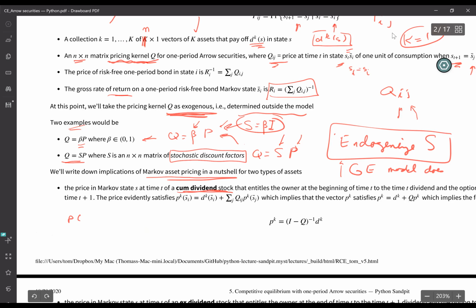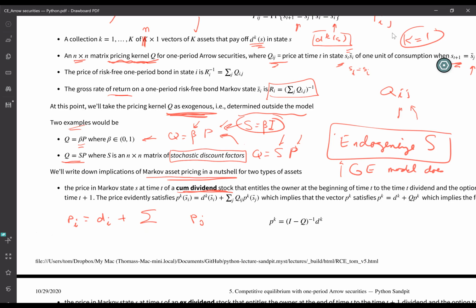P of I, to write it compactly, the price today in state I, is equal to the dividend today when I'm in state I, and there's one of these for each I, plus, tomorrow I'm going to be in state J and I can sell it before the dividend comes.